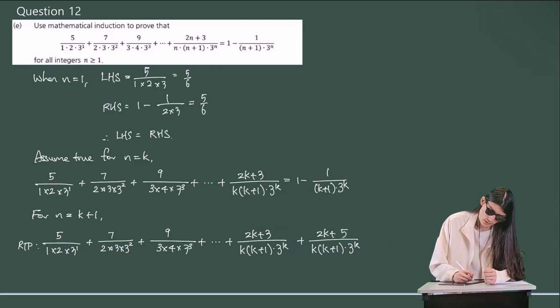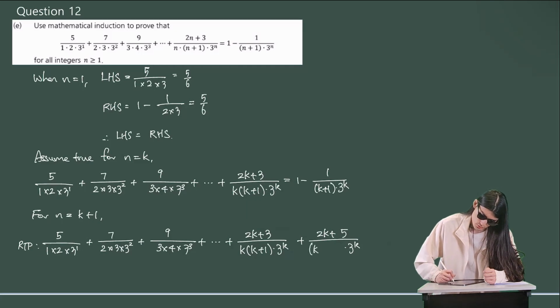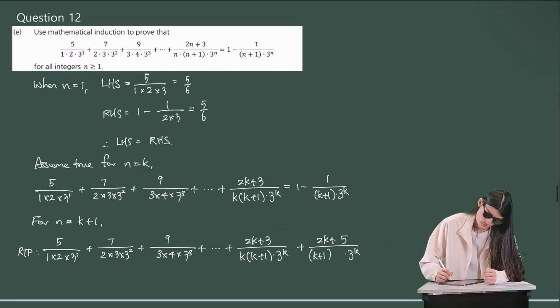On the denominator, you would have k plus 1 times k plus 2, multiplied by 3 to the power of k plus 1.